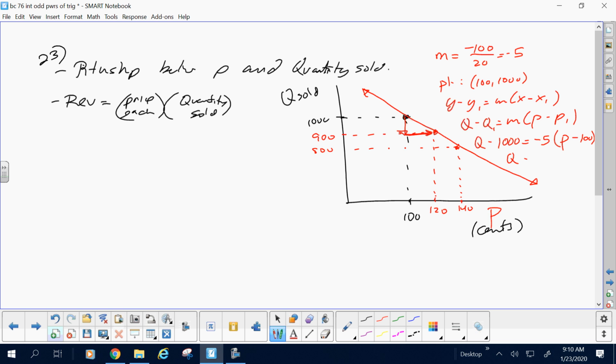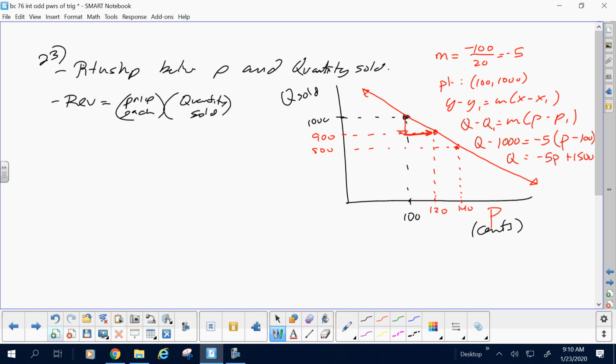Normally I don't care about point slope form, but we are going to use it later on, so let's clean it up. Q is -5P, and then I'd get a plus 500 and a plus 1,000, so I get a quantity sold of -5P plus 1,500.